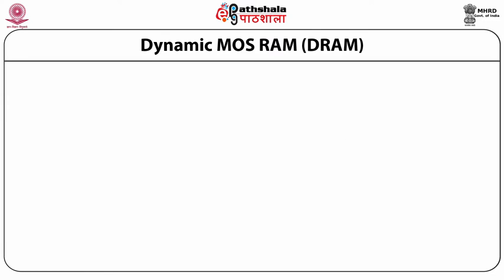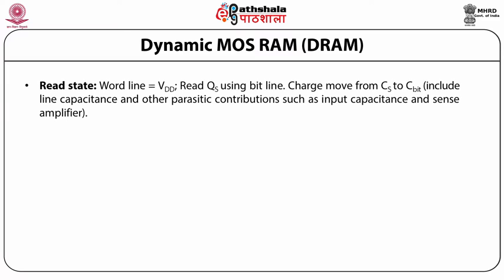Let us discuss now about a read state. Now if the word line is equal to VDD, then read Qs using the bit line. So charge moves from Cs to C bit, including line capacitance and other parasitic contributions such as input capacitance of the sense amplifier.